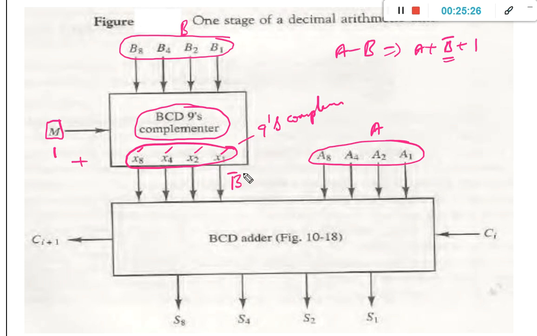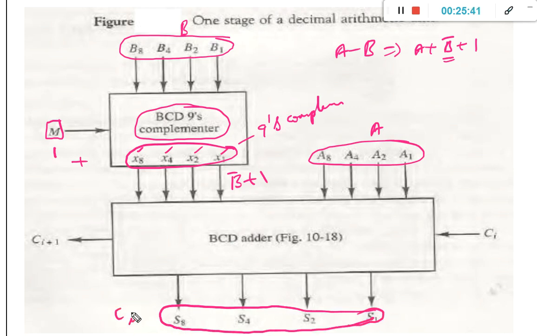So here it will be b complement plus 1. So a plus b complement plus 1, using the BCD adder we are going to get the correct result, and the final sum will be in S8, S4, S2, S1 and the output carry. So this is the input carry, this is the output carry.